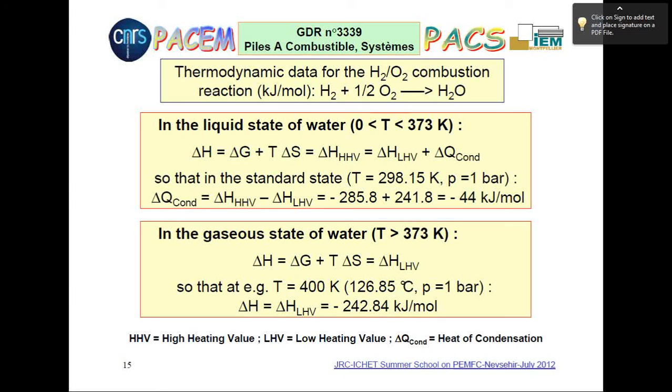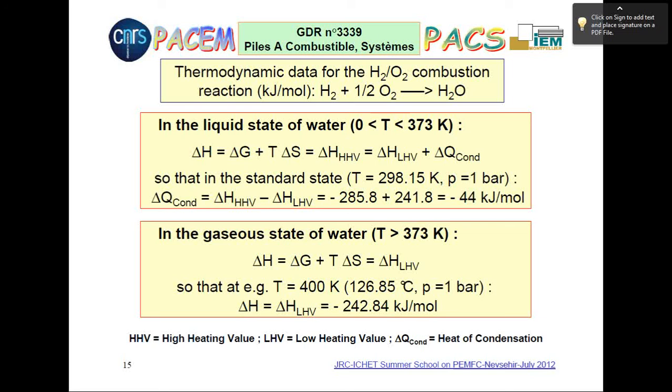In the gaseous state, you have this figure, and you have the low heating value as the heat of reaction, and if you take that as a reference point for the efficiency, you have higher efficiency.